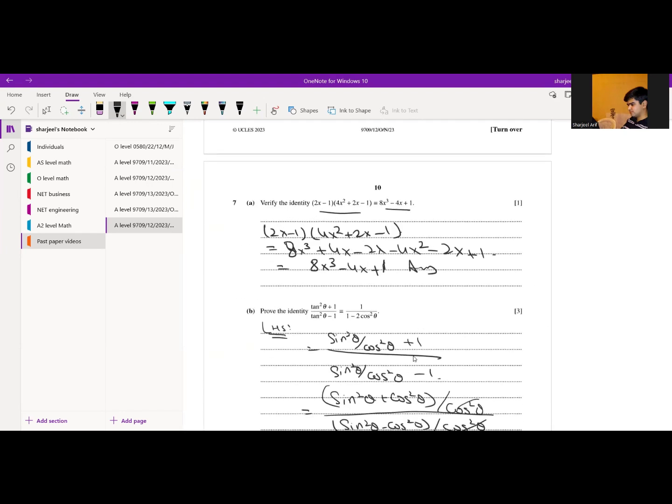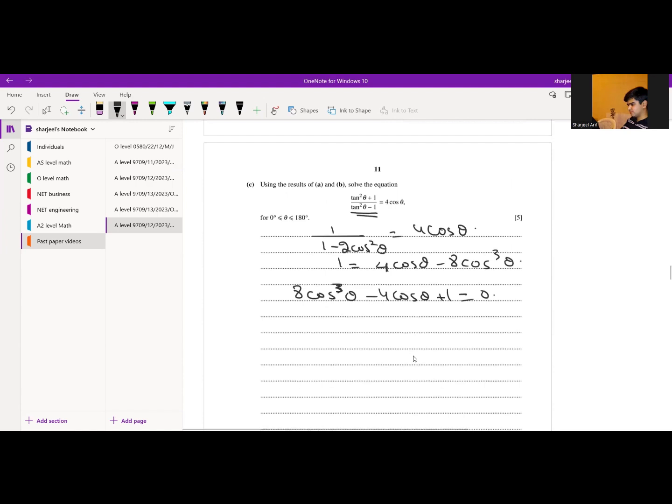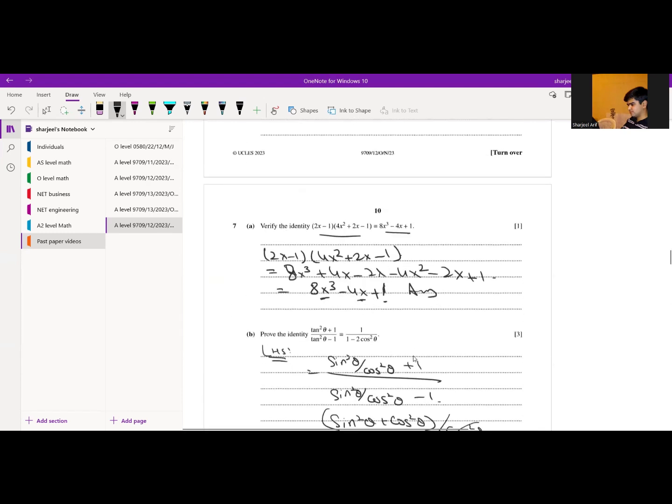This is equal to this part A, 8x cube minus 4x plus 1. Here we have 8 cos cube theta minus 4 cos theta plus 1. So we have just replaced x with cos theta. And we know the expanded form in part A. This side is equal to this one.